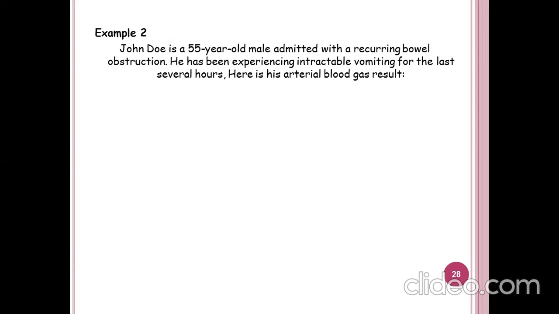Here is his arterial blood gas result. This is the clinical diagnostic laboratory report. The pH value is 7.50, whereas the partial pressure of carbon dioxide is 42. The bicarbonate level is 33.